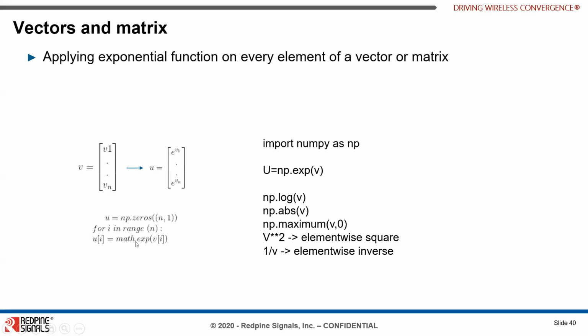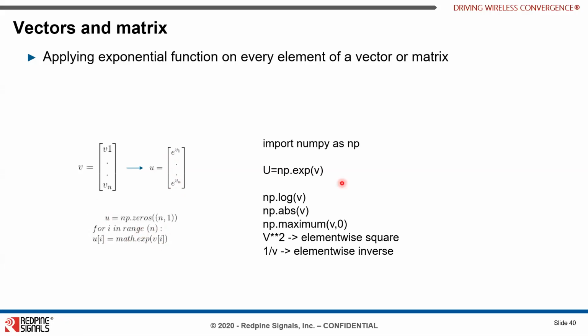We use the math library, math dot exp of v of i. So u is e to the v1 until e to the vn. This is math dot exp of v_i, for i from 1 to n. So this is the non-vectorized version.